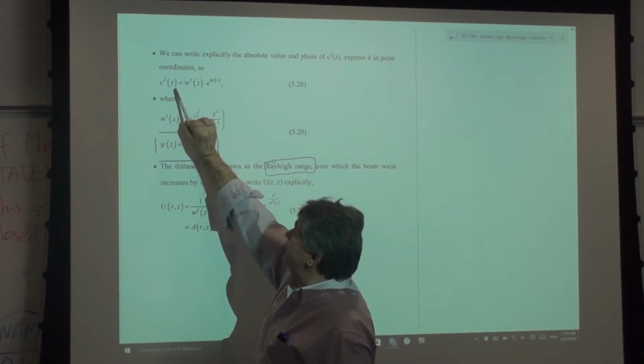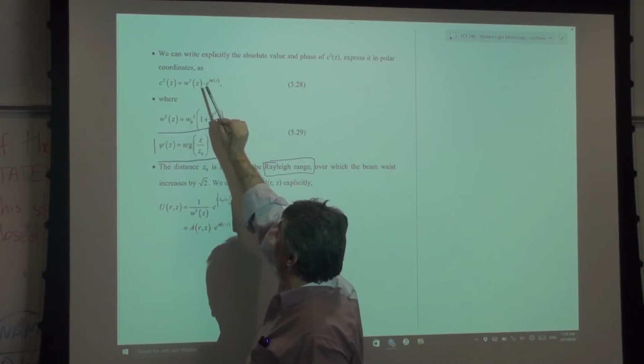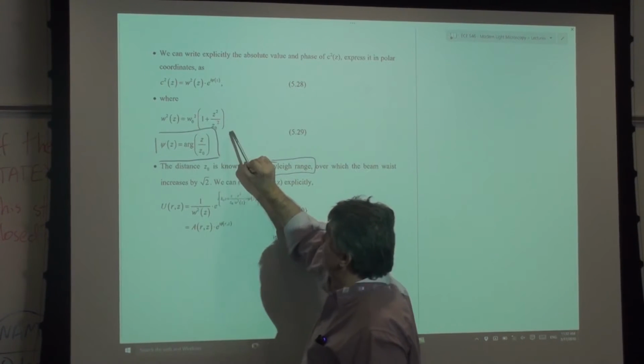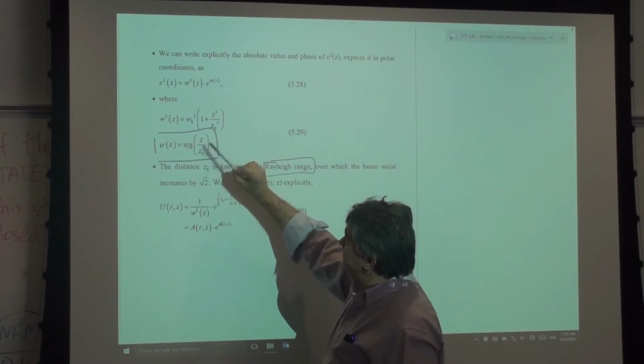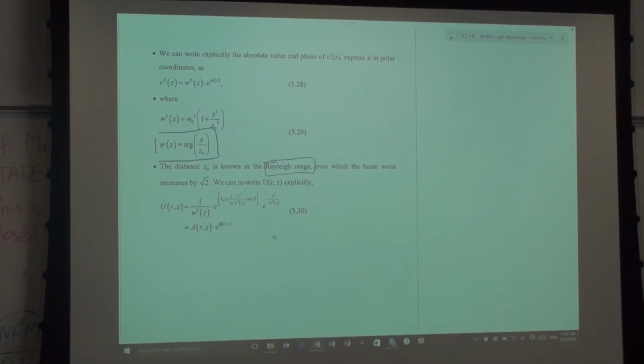You can write this C, this complex quantity, as W squared times e to the i psi of Z. So basically that psi is the argument of Z over Z naught. So it's kind of the arctangent, this gives you a phase, we call it psi.